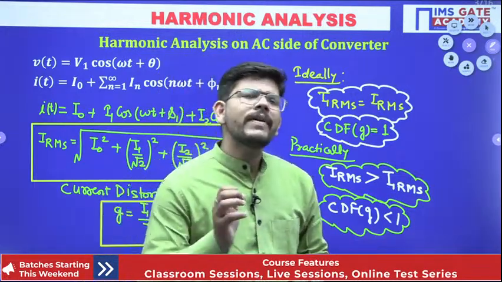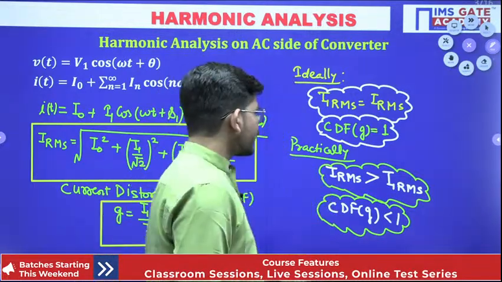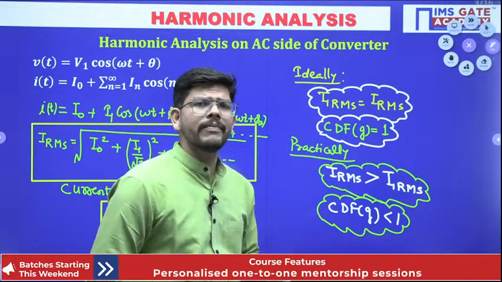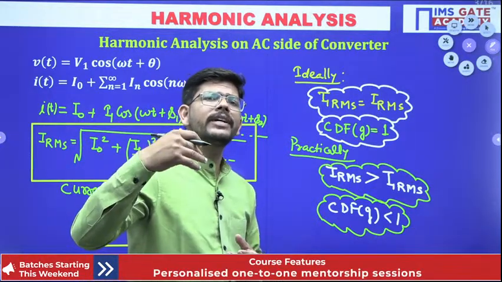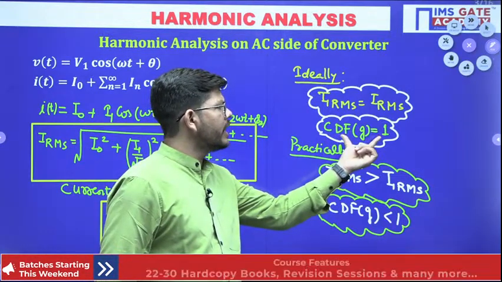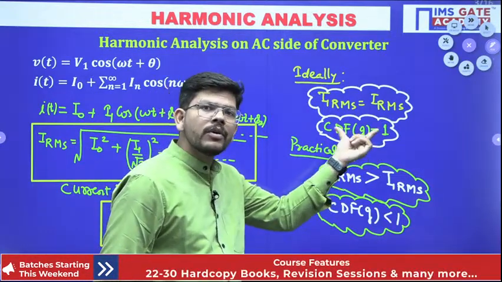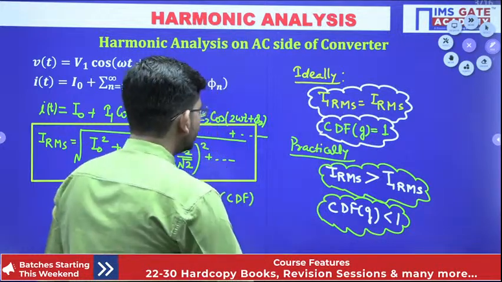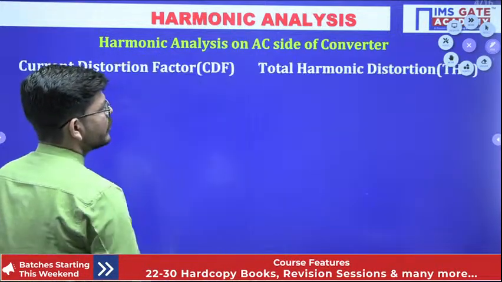If I ask you a general question, what should it be for a perfect sine wave? If there are no harmonics, a perfect sine wave will have a current distortion factor equal to 1. This is how we will analyze the AC side of the converter.